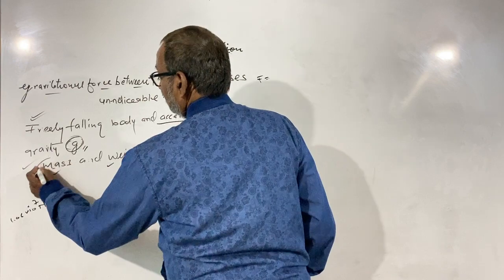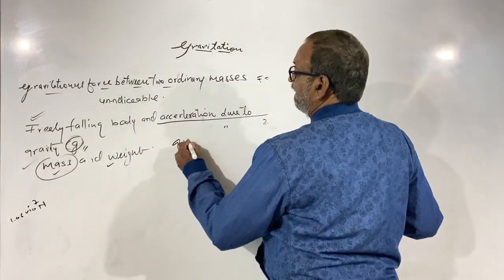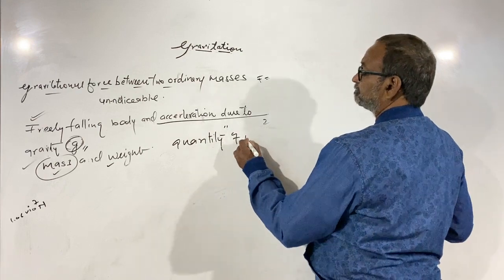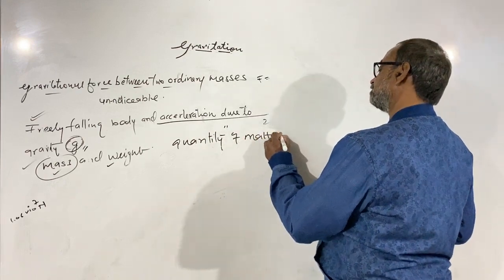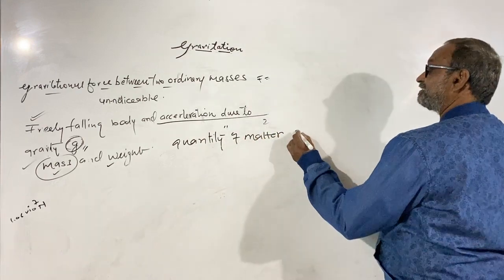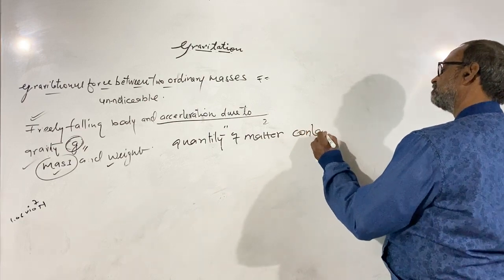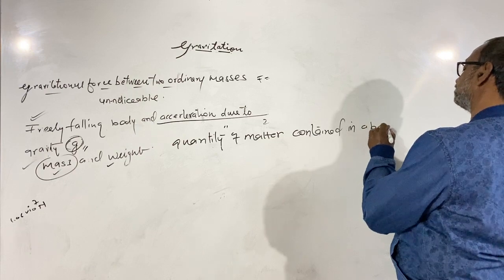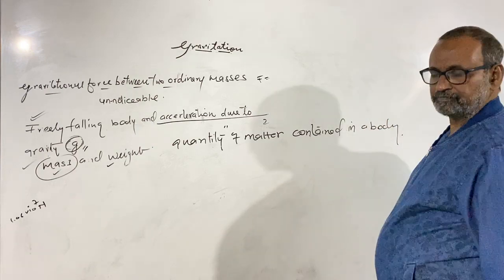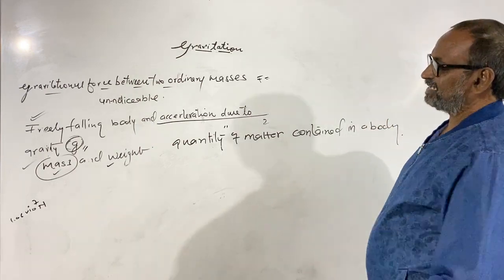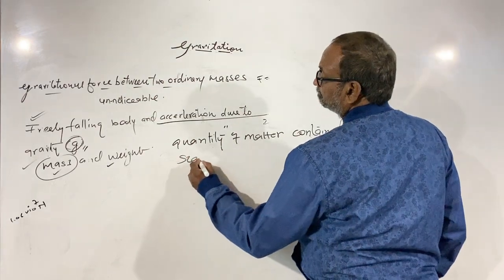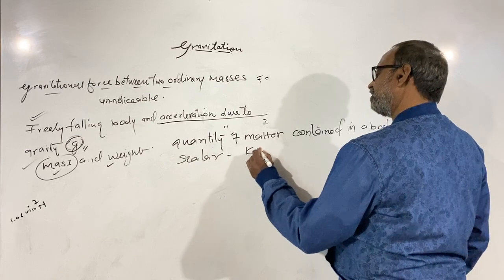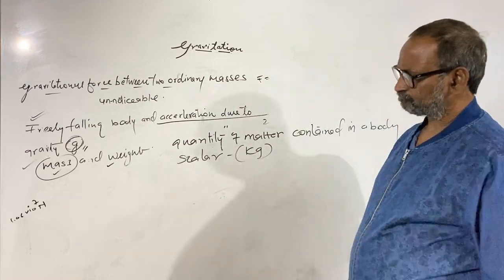Mass is the quantity of matter contained in a body. It is a scalar quantity and its SI unit is kilogram.